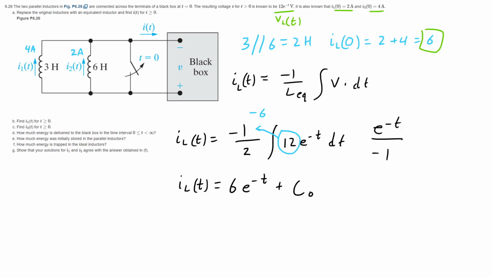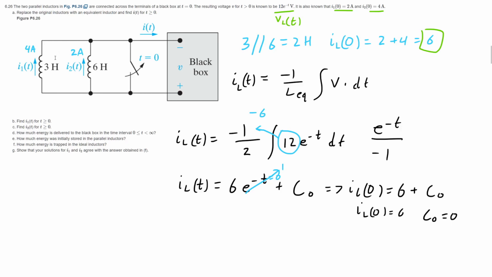So if you set t equal to 0, this e term is going to become 1. So we say that i_L(0) equals 6 plus C0. Well, if we know that i_L(0) equals 6 already, that means that C0 equals 0. So our total expression is just like that.